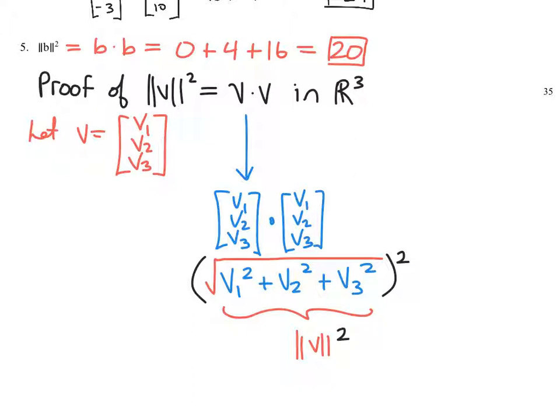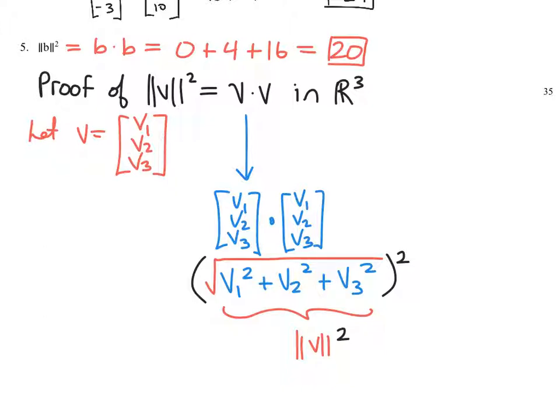I knew that in order to have a magnitude of v, I had to have this expression here, the radical with the v1 squared, v2 squared, etc. But I didn't have that, so I manufactured it. By slapping a radical on there, I can offset that by also putting a power of 2. So this new expression is equivalent to what I started with, and as it turns out, equivalent to the left-hand side, so I have my proof.